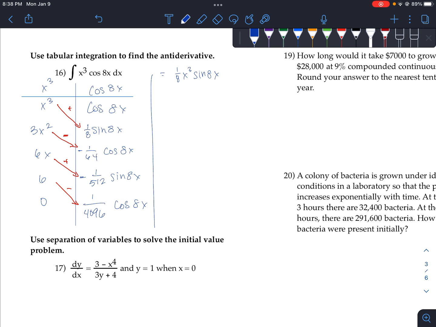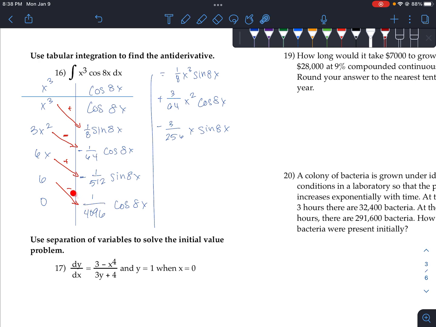And the next one, I multiply those, that's going to turn into positive, so plus 3 over 64 x squared cosine of 8x. And when I multiply those, that's going to be 6 over 512, which is going to reduce to minus 3 over 256, then x, and then sine of 8x.